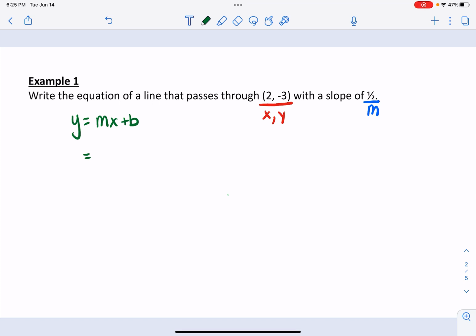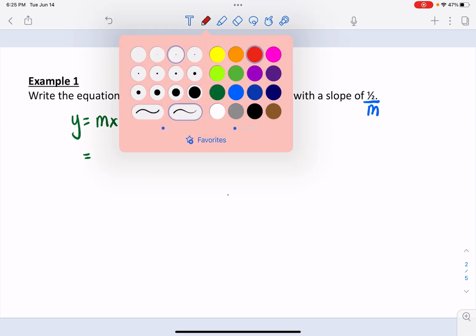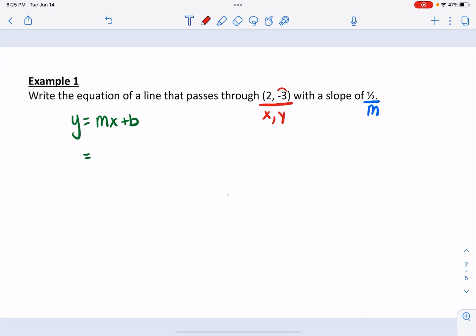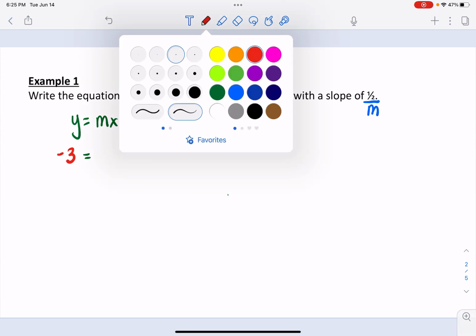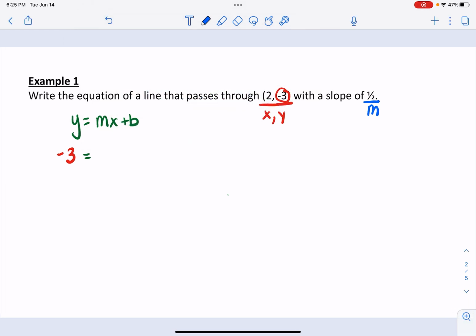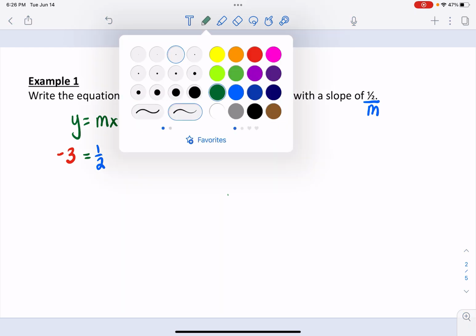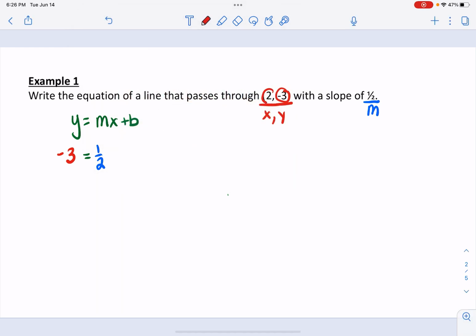My y is negative 3, my m is 1/2, my x is 2. And then I fill in the rest and solve for b.